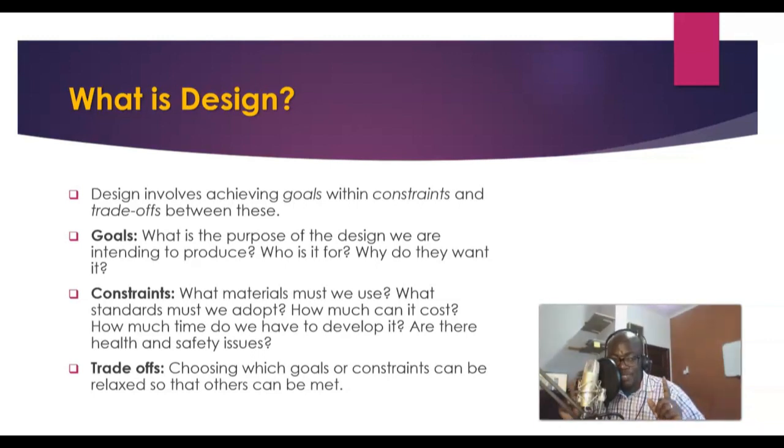So you're going to have goals, but there are constraints, meaning you can't just do exactly as you may desire because of these constraints. But at the end of the day, you're going to have trade-offs between these constraints, which ones to go for, which ones to leave behind, depending on what are the essential benefits that need to be achieved.